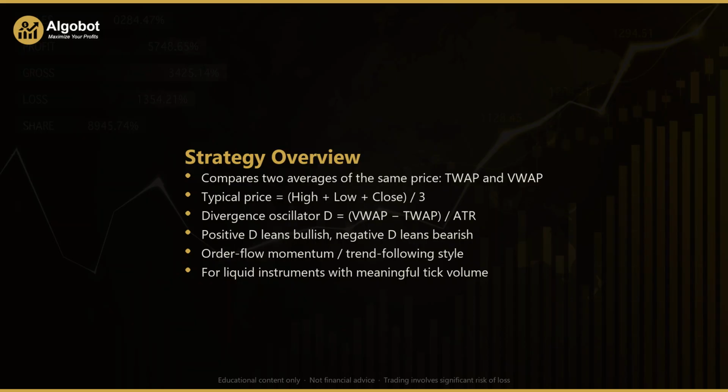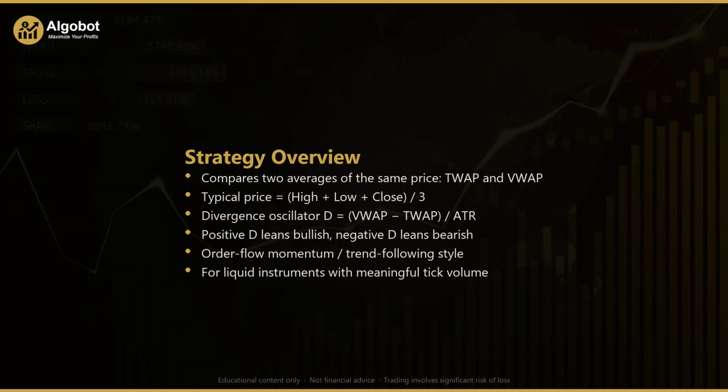Here's the clever part. These two averages only differ because of where the volume was actually transacted. If the heaviest volume printed above the plain time average, the volume-weighted line is pulled higher, and that suggests buyers were willing to trade size at higher prices. If the heaviest volume printed below, the volume-weighted line is dragged lower, hinting at selling pressure.